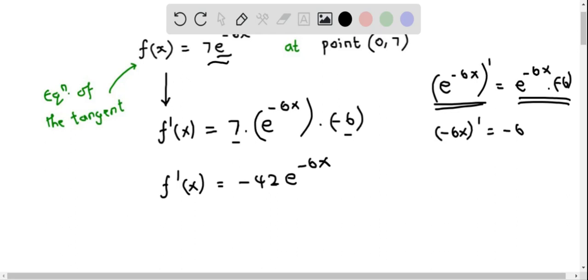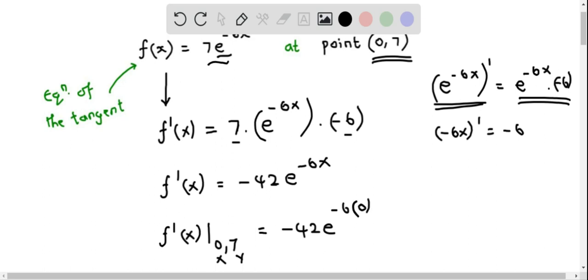And we have to determine the slope of the curve at the point (0, 7). So f prime of x at (0, 7), that is replace x by 0 in this expression. So therefore this equals negative 42 e raised to the power of negative 6 times 0, and this gives negative 42 e raised to the power of 0.